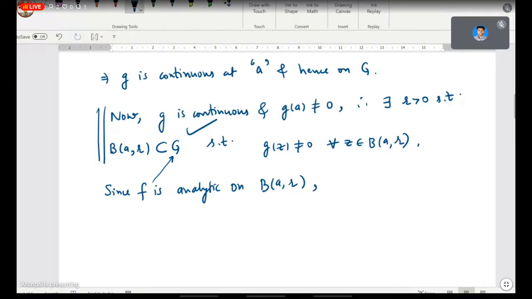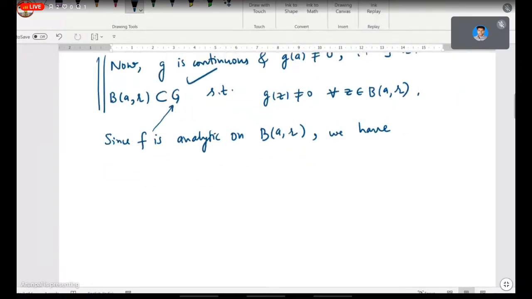So since f is analytic on this ball, we have f(z) equal to this power series representation, centered at a and going from 0 to infinity, for all z in the ball.